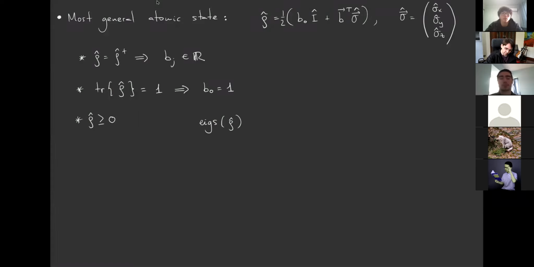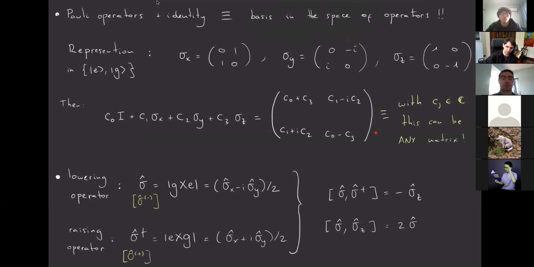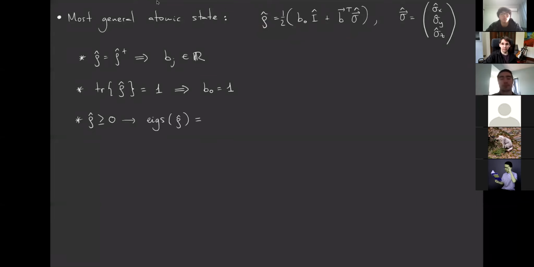And then because of this property, which essentially means that the eigenvalues need to be positive, as I was saying, the eigenvalues of this operator, which is a 2x2 matrix, changing C0 by 1 and the C's by what we have been calling B now, are very simple.